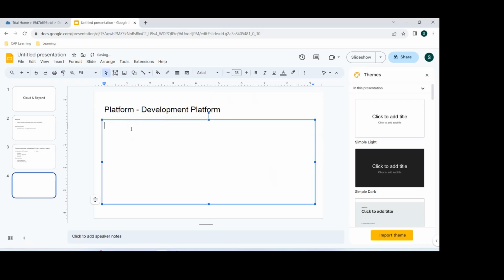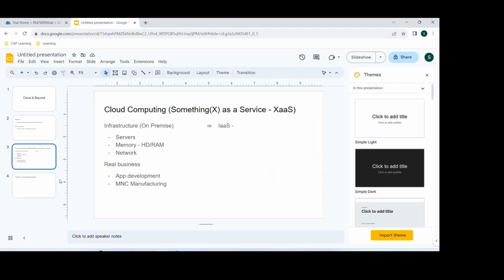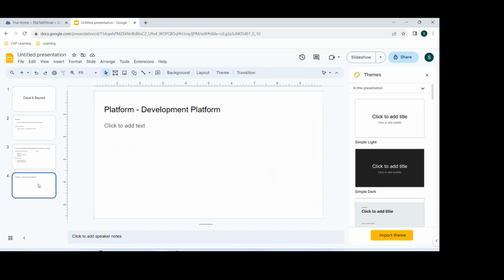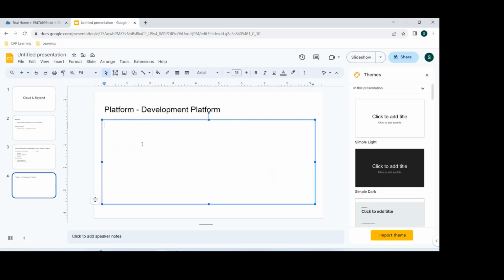So this development platform was something that we used to build in the case of on-premise. On top of the infrastructure, we used to have our own development environment, which contains some sort of operating system, plus some sort of SDK and all those things you may need to develop your software.